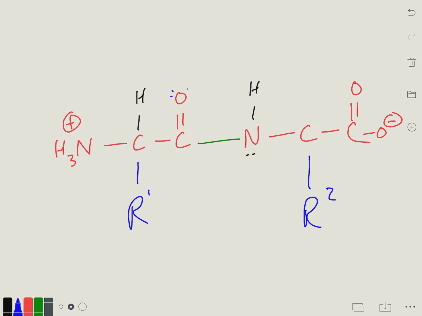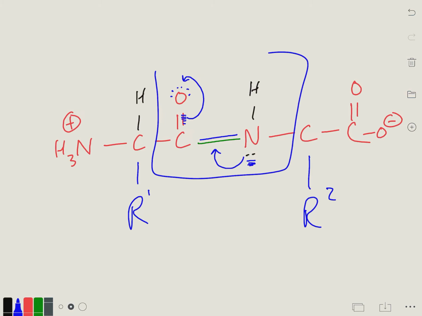This has resonance, meaning that this lone pair right here on the nitrogen can sometimes pop up in here, forming a double bond and kicking out one of these sets of electrons to come sit back up here. And this can flip-flop back and forth. So let me redraw this little square a different way.